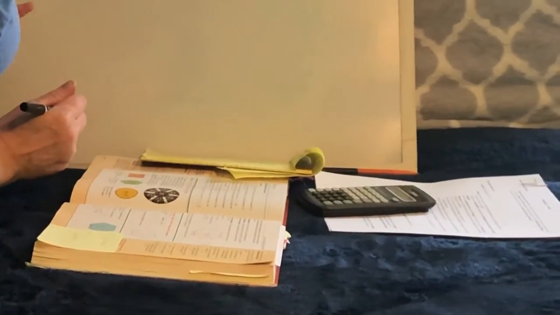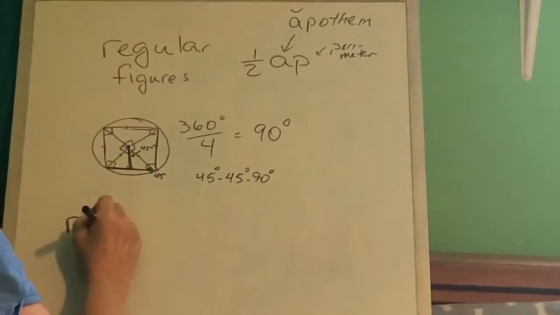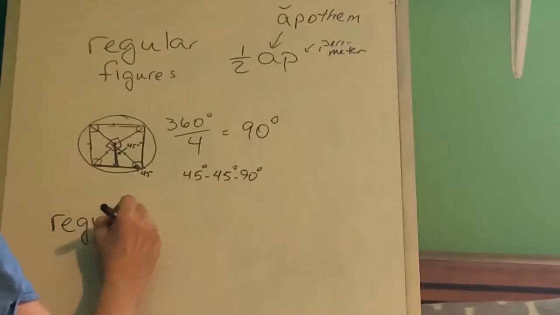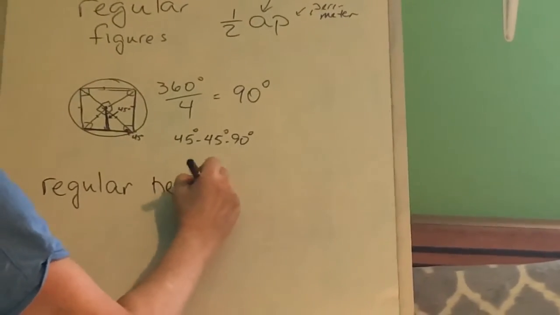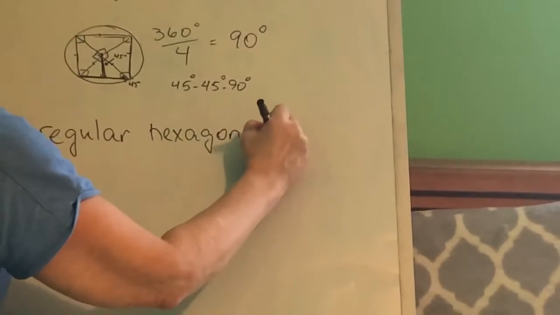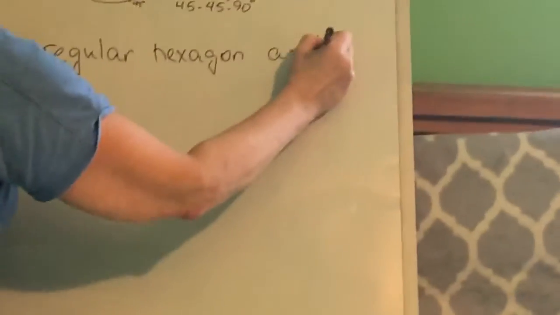All right, so you have examples in your book, but I'm going to work a few of them as well. We're going to start with a regular hexagon with an apothem of 6, okay? So I'm given several things here. I have a regular hexagon, and we're told that the apothem is equal to 6.